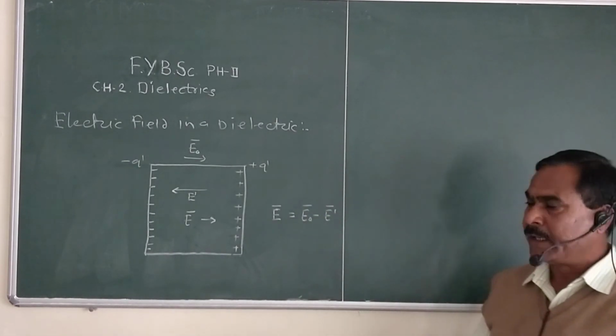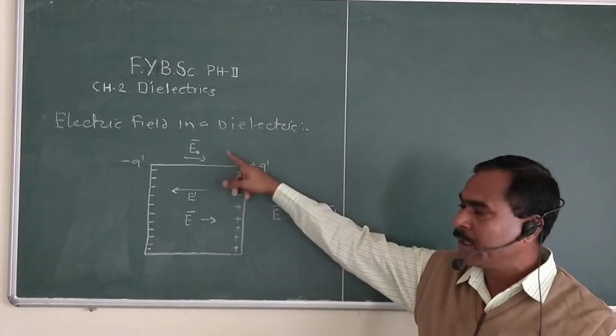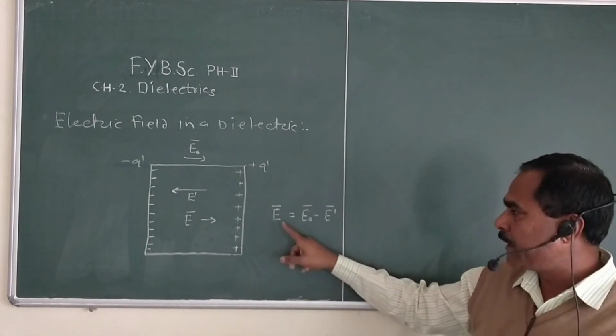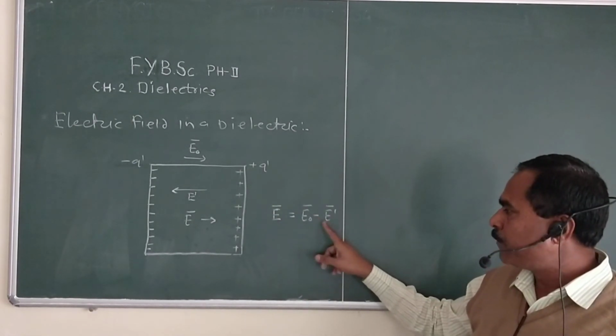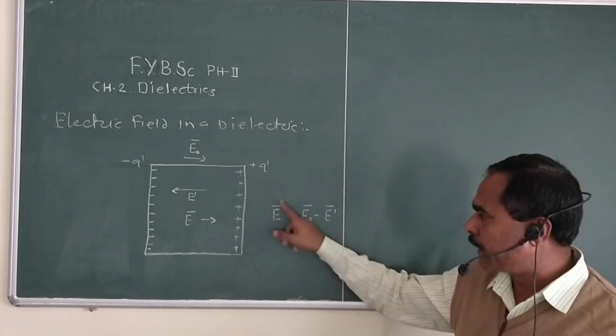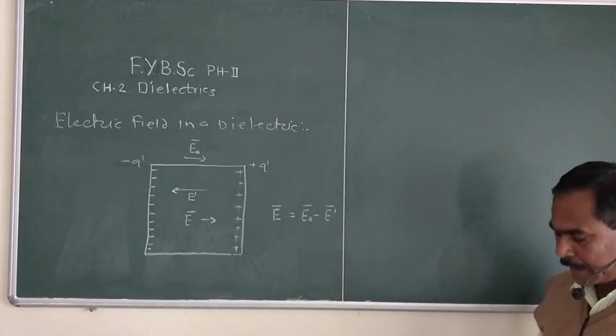The resultant electric field within the dielectric material has the same direction as that of the applied field, and it is given by the equation E bar equal to E naught bar minus E dash bar. This is the resultant electric field which is directed in the same direction as the applied electric field.